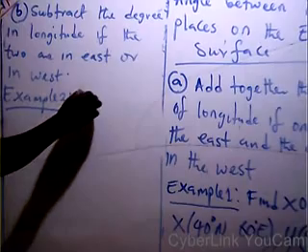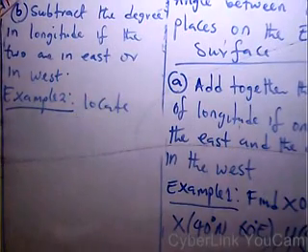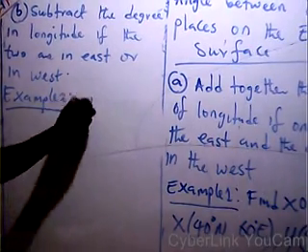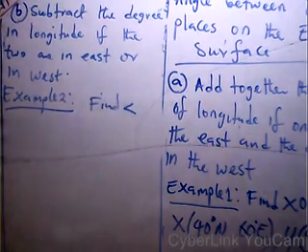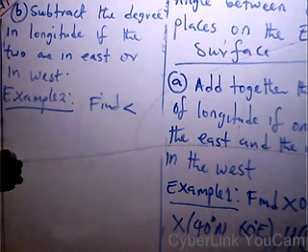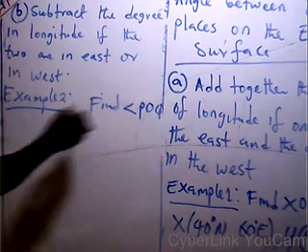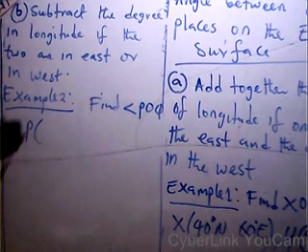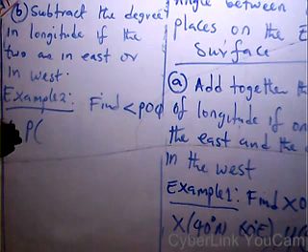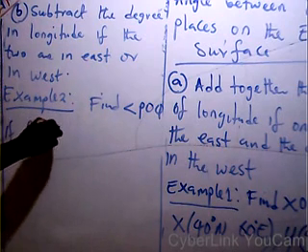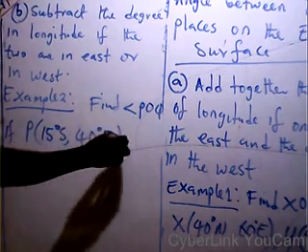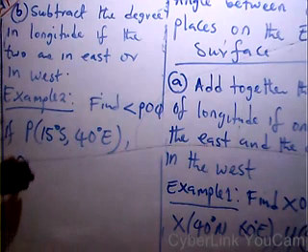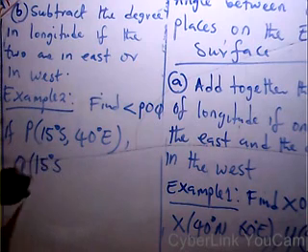Example 2. Find angle POQ if P has latitude of 15 degrees south and longitude of 40 degrees east, and Q has latitude of 15 degrees south and 90 degrees east.